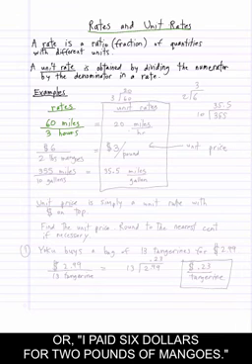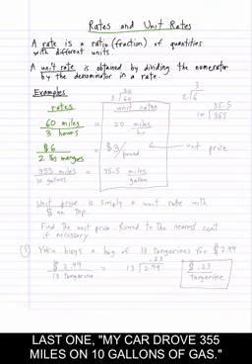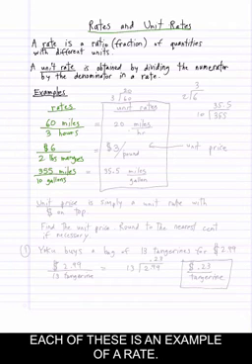Or, I paid $6 for 2 pounds of mangoes. Last one. My car drove 355 miles on 10 gallons of gas. Each of these is an example of a rate.